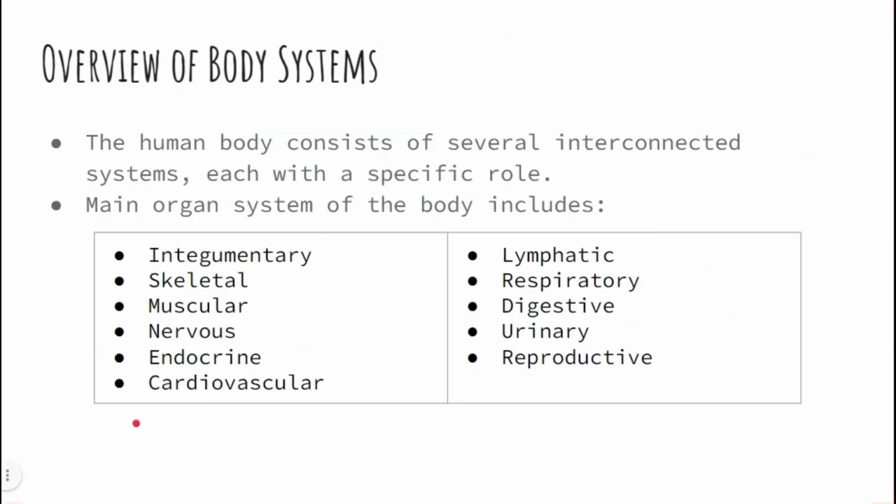So here we have the overview of body system. Ito po yung pag-aaralan natin all throughout the semester in the next video lectures. So the human body consists of several interconnected systems, each with a specific role.